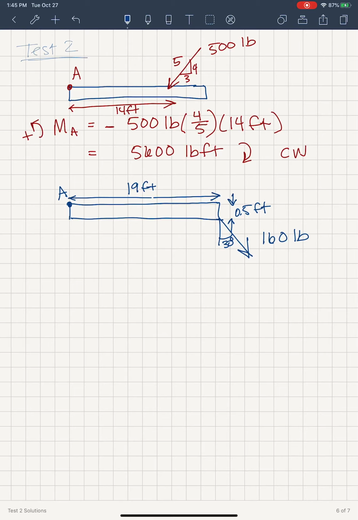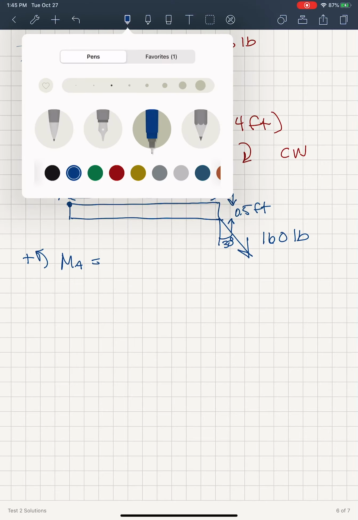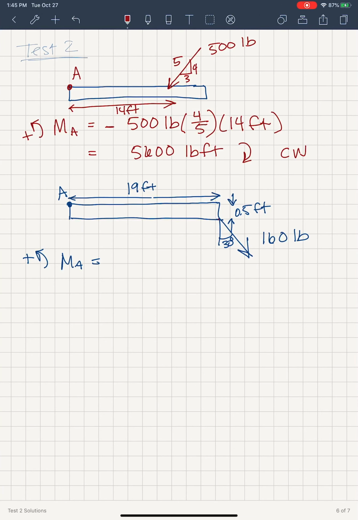So the moment about A is going to equal, we'll take the y component of the force, which would be 160 pounds times cosine of 30 degrees. And then we also have that x component, which is 160 pounds times sine of 30 degrees.